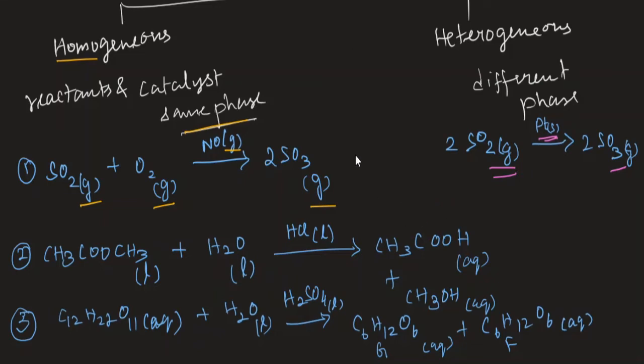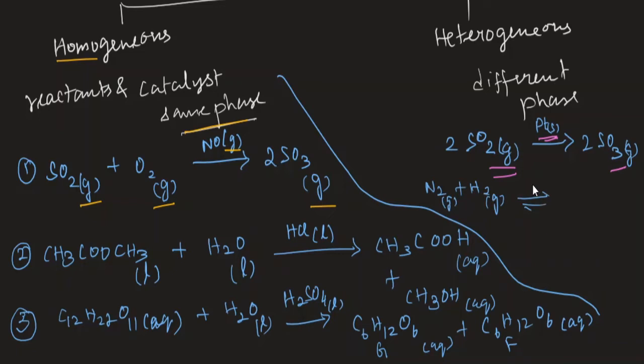Next, we can have another example also, like Haber's process of ammonia, as we already discussed. Nitrogen, hydrogen, this is gas, this is also gas, but here we have iron, that is the solid. So that makes the difference in physical state.